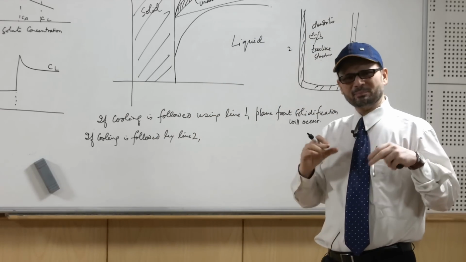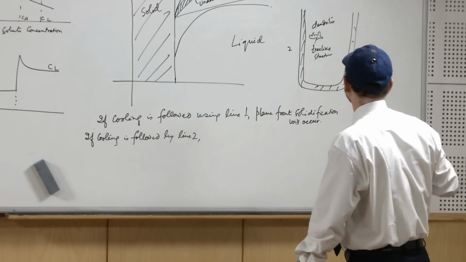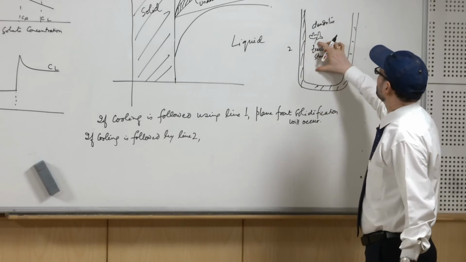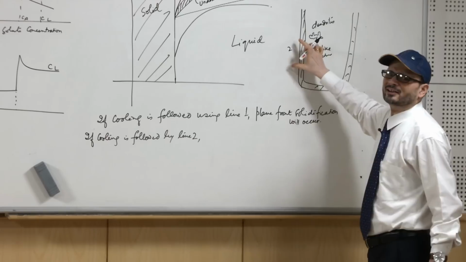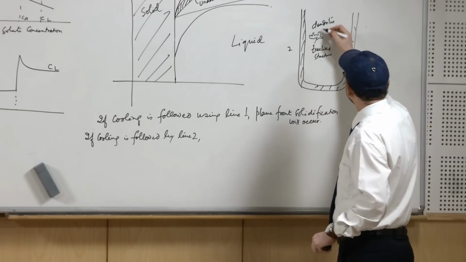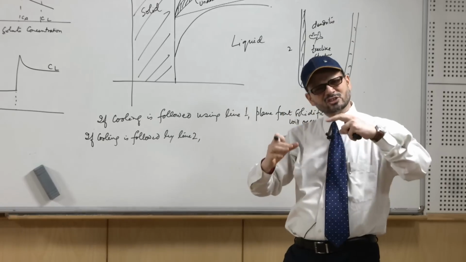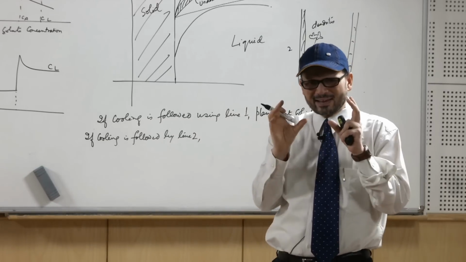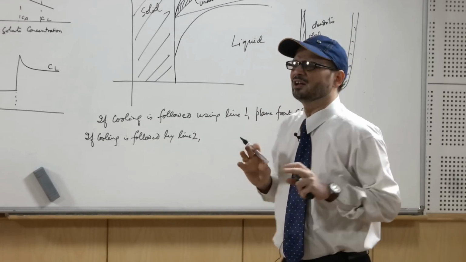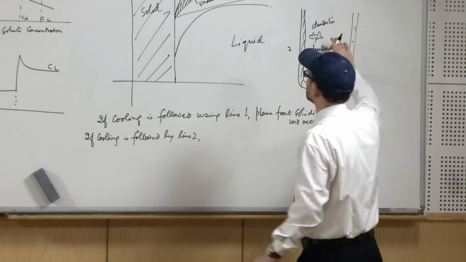So, typically in the case of alloys, in the near zones you have a columnar dendritic structure, but in the middle portion where the cooling rate is still slow, you will again have an equiaxed dendritic type of structure because of the random nucleation.